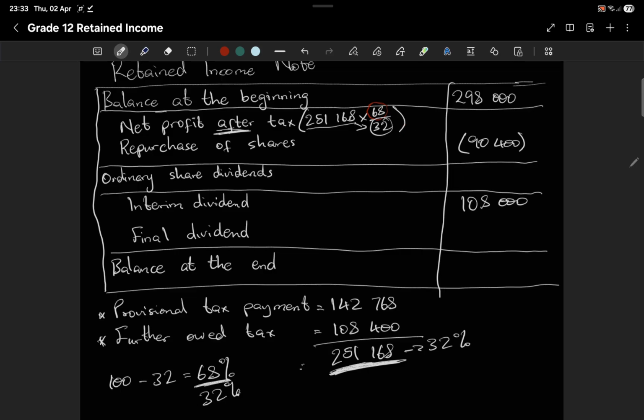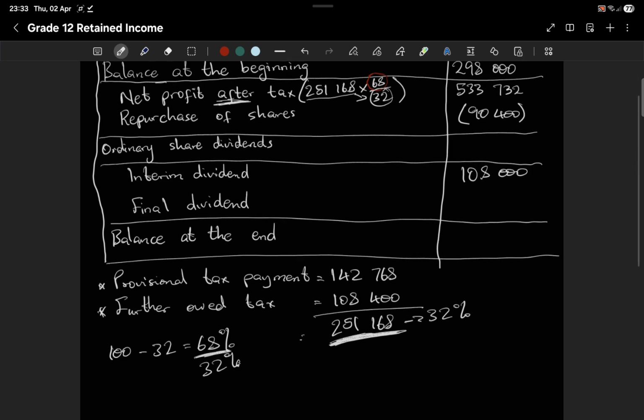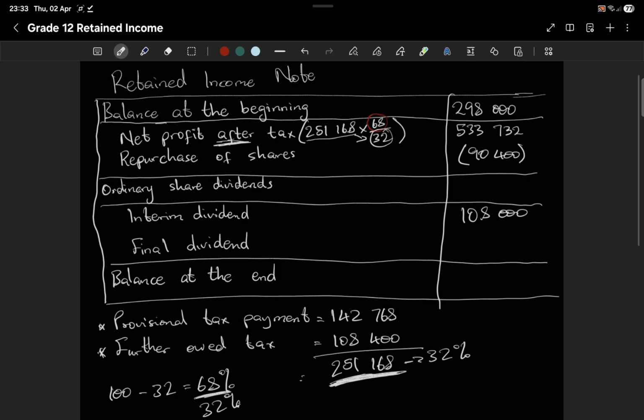Okay, so when you calculate them, they must give you 533,732. For you to prove this one, this amount, this 533,732, is the net profit after tax.